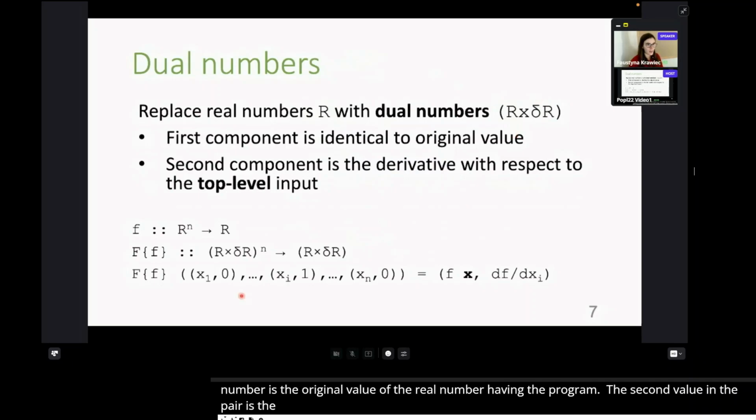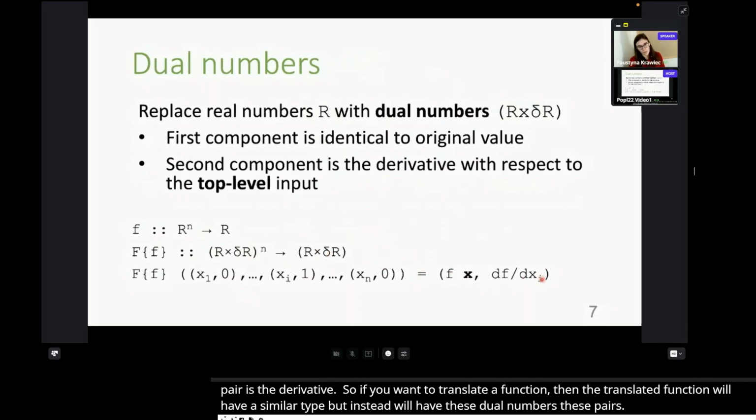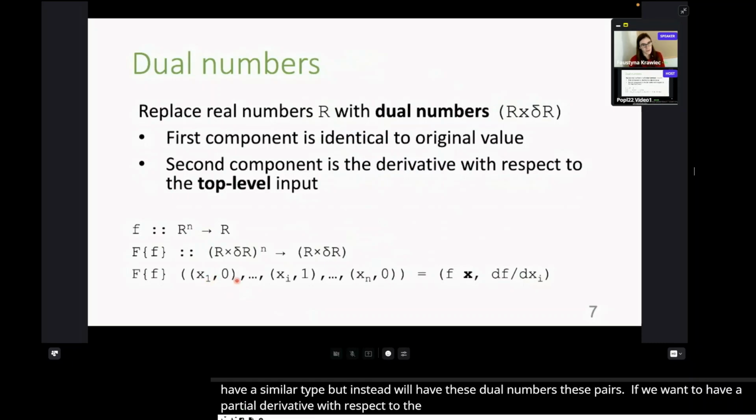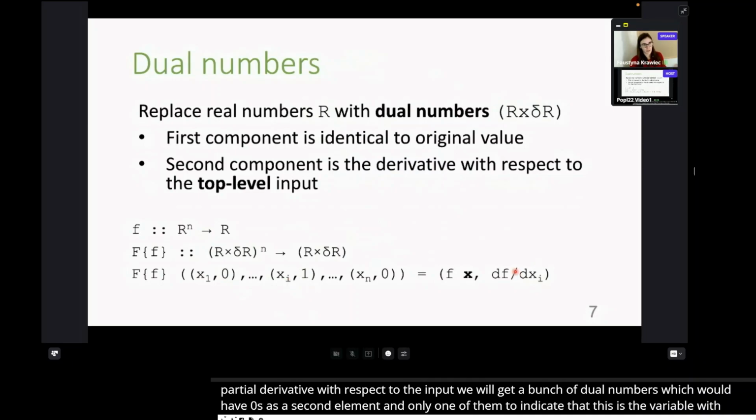So if we want to translate a function R to the n to R, well, the translated function will have a similar type, but instead of the reals, we'll have these dual numbers, these pairs. And if we want to have a partial derivative with respect to the ith input, we will give a bunch of dual numbers which have zeros as the second element, and only one of them to indicate that this is the variable with respect to which we want the partial derivative to be calculated.